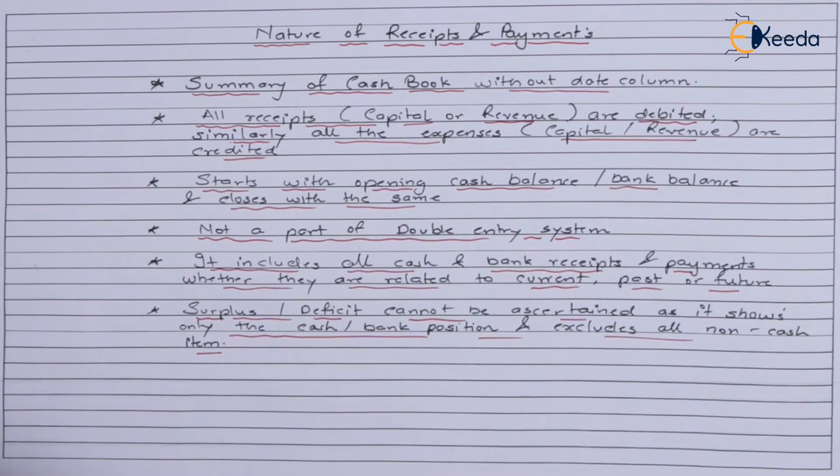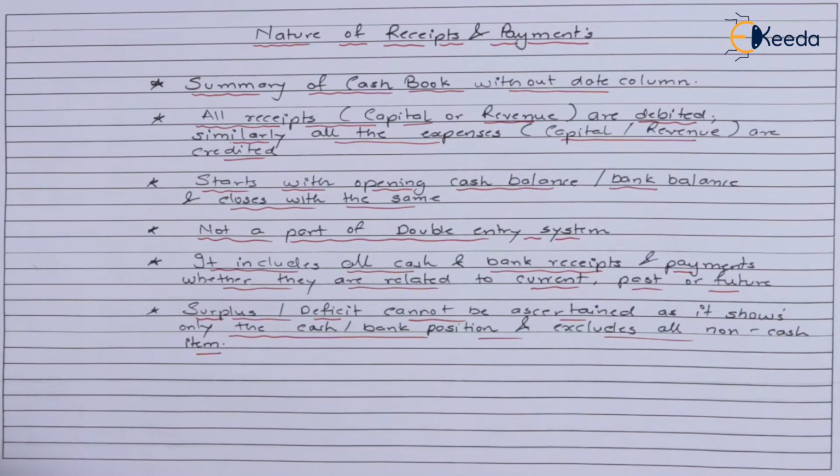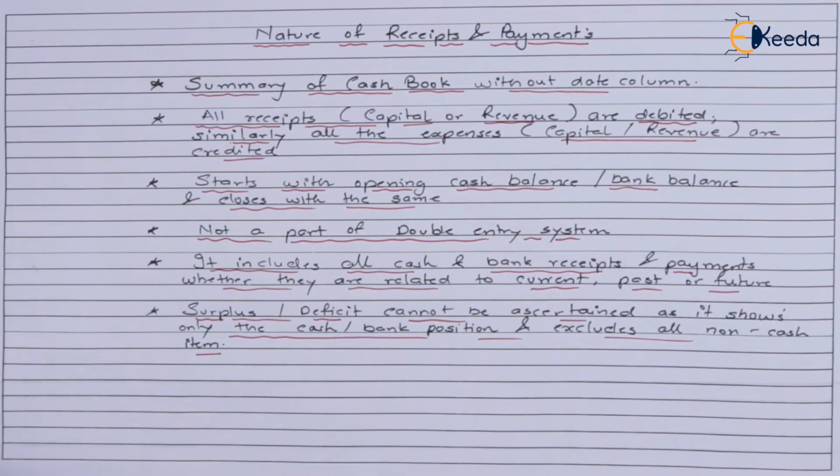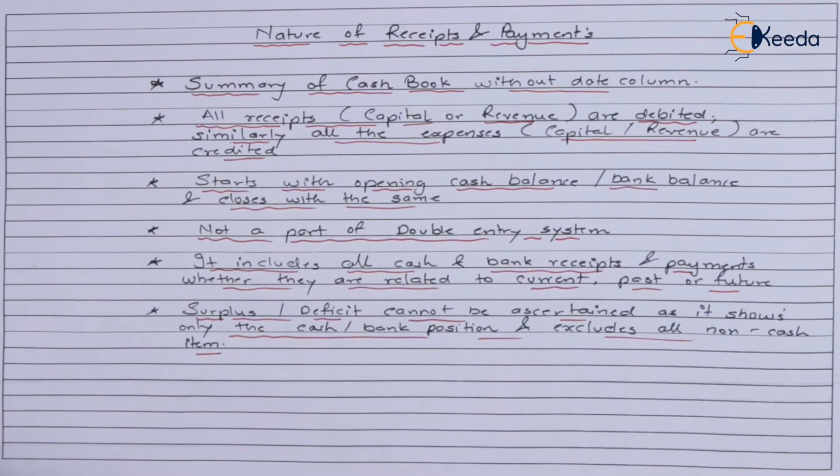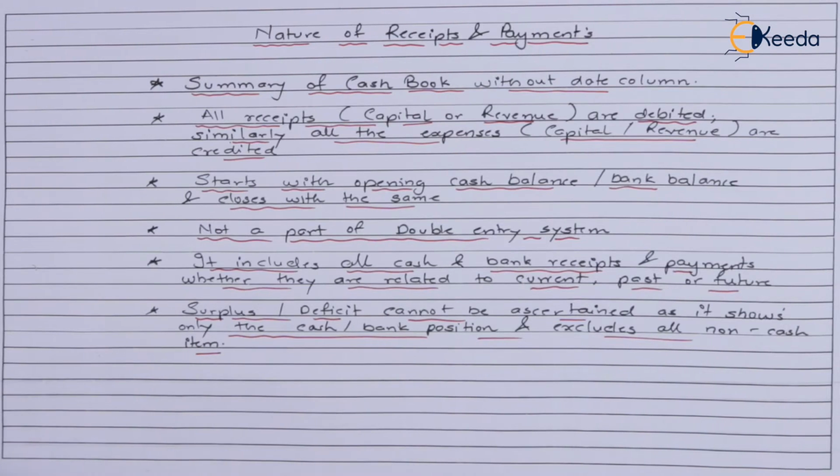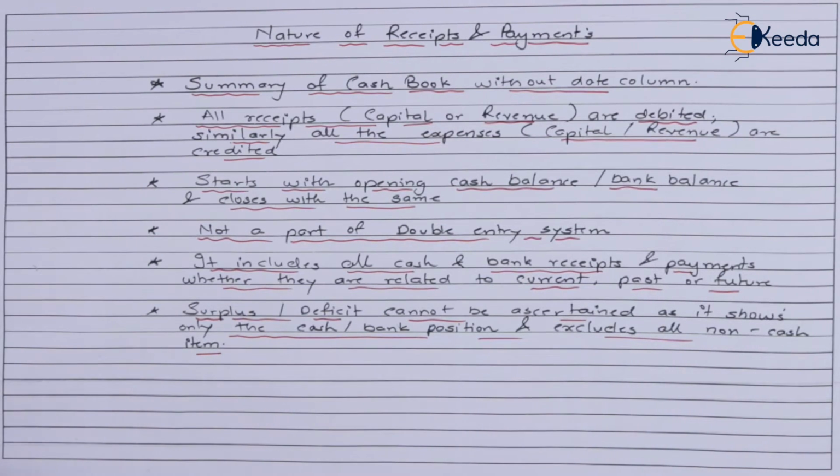Now, the last point that we have to discuss before we go on to the example is that in this specific chapter, you need to understand the surplus or deficit. Excess of expenditure over income will give you a deficit. Excess of income over expenditure will give you a surplus.